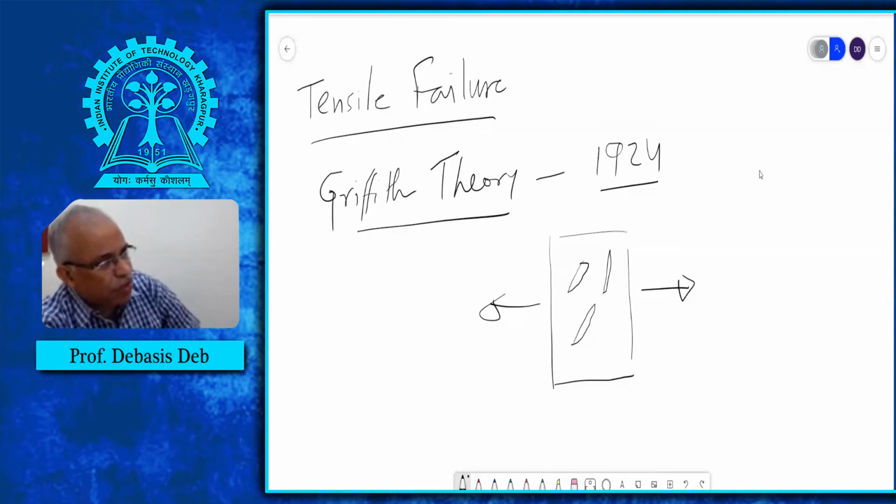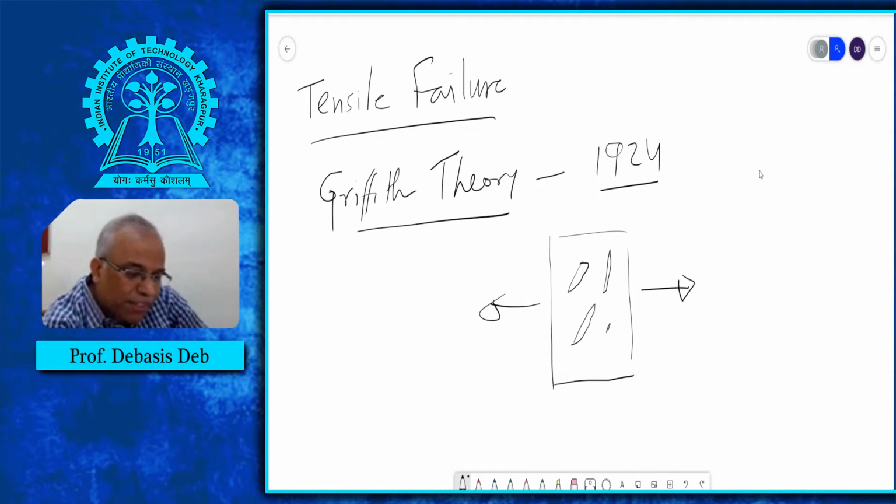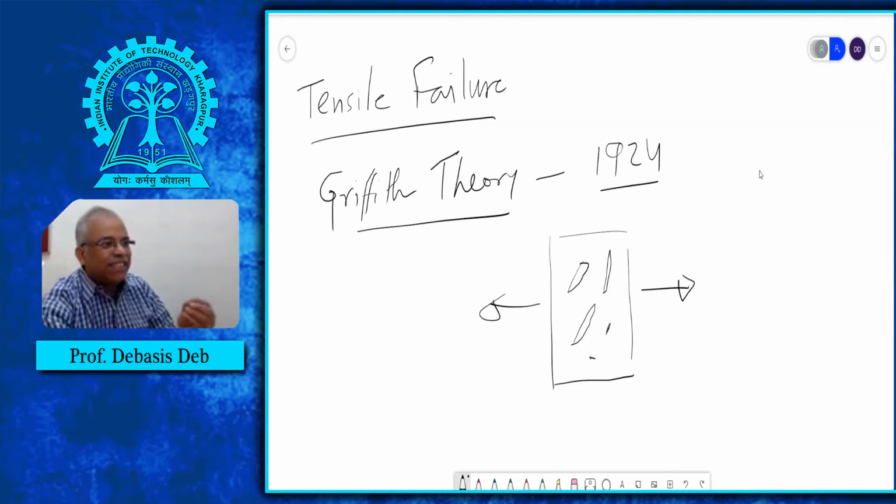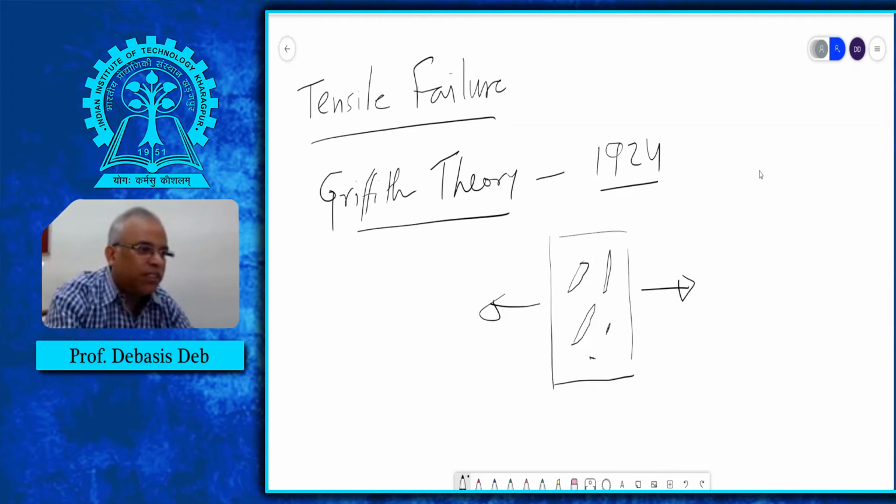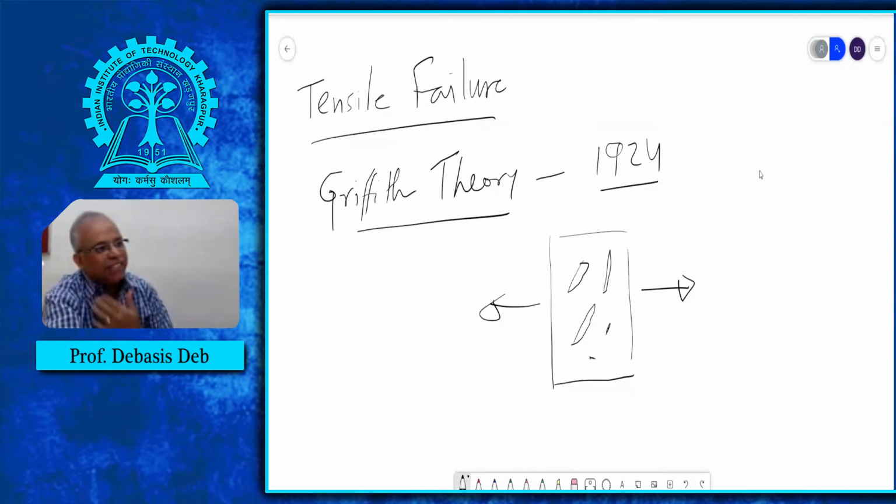There is no macro scale. If it is there, it will be visible. You can see. Even meso scale also you will be able to see. But there may be tiny defects like this. Defect in the sense there is a void space because it's a naturally formed material. Even in iron or steel there are also defects. They also do similar types of analysis.